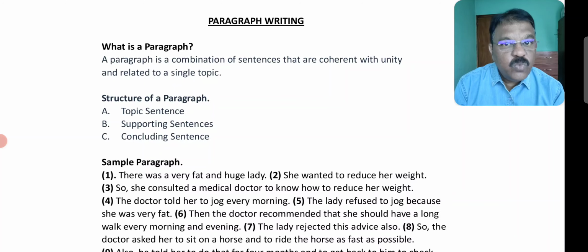My dear friends, if you want to write a paragraph, you should have at least a few sentences to compose your paragraph. And all those sentences that you want to write in your paragraph must be coherent and should have unity. And then all those sentences must be related to one single topic that you discuss in that paragraph.